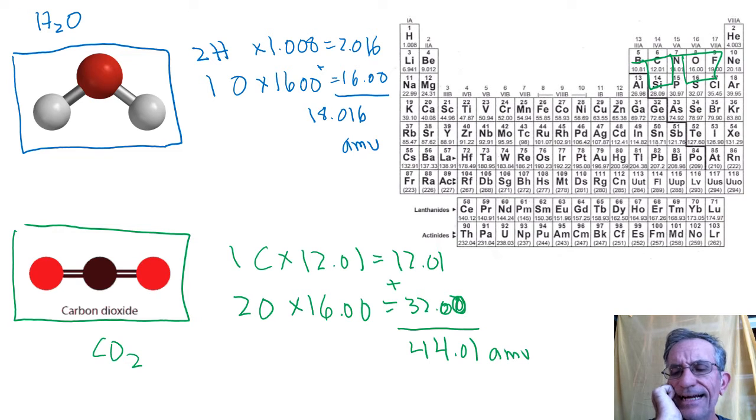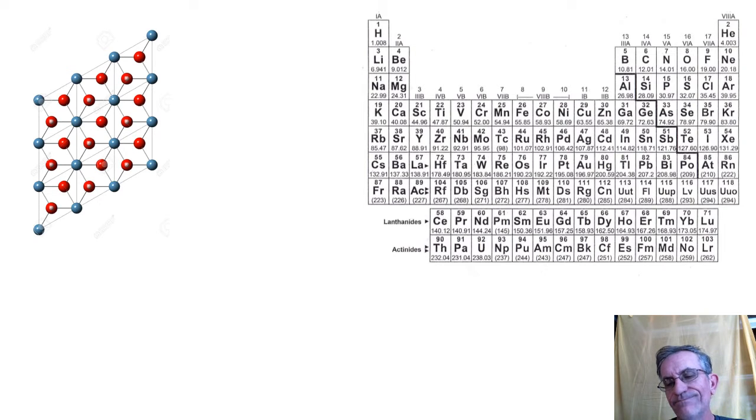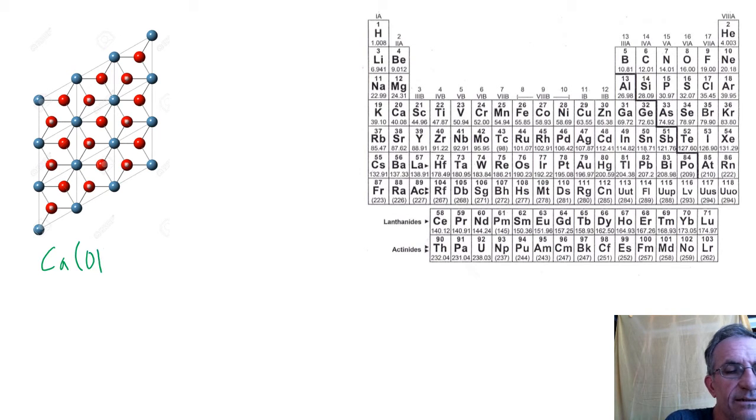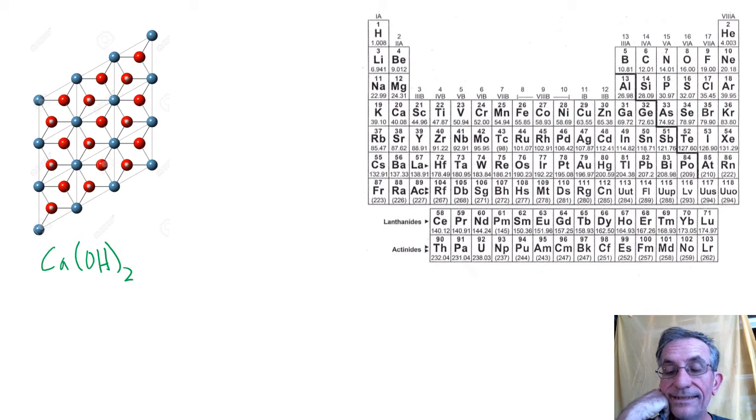Let's say I wanted to know the weight of this guy right here, which is actually calcium hydroxide. If I wanted to know the weight of calcium hydroxide, I would add up a calcium and two hydroxides.